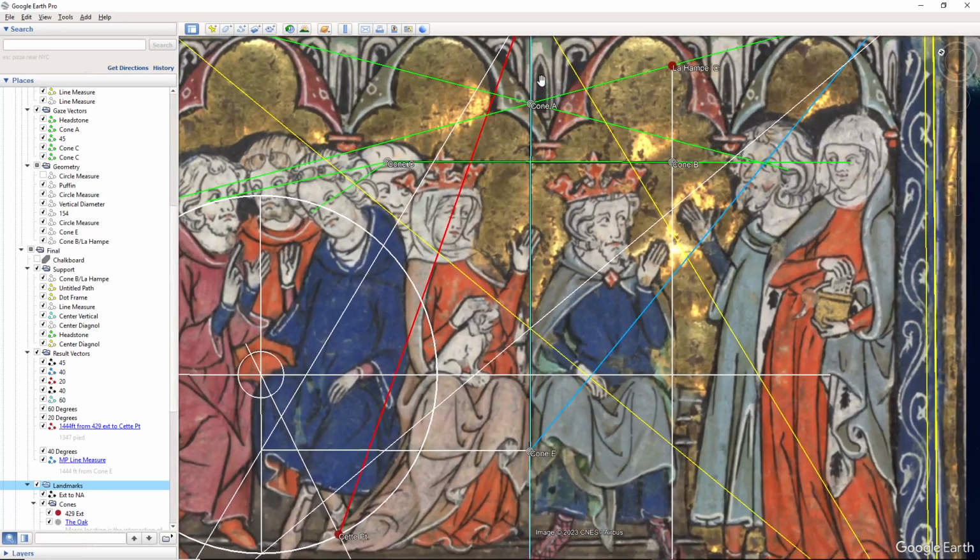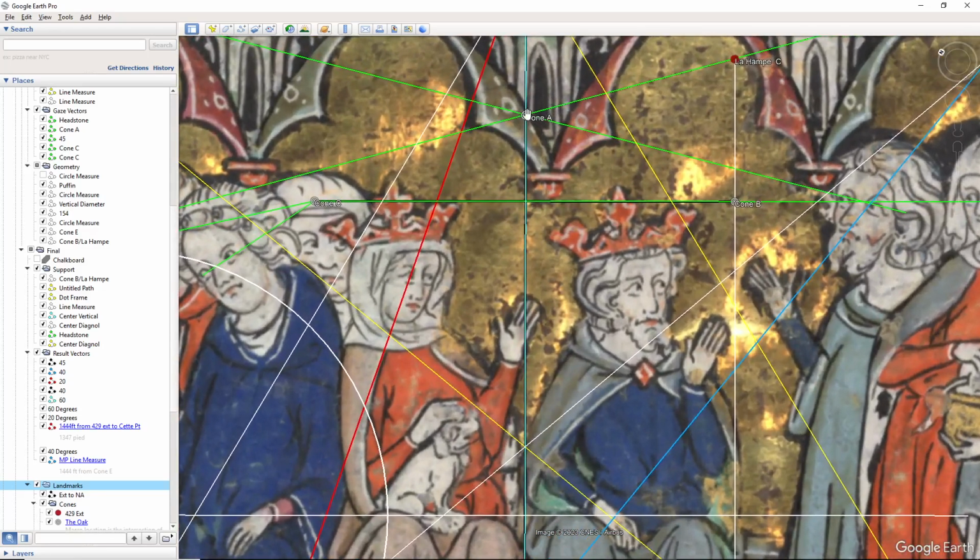And this up here is cone A. The intersection here is cone C of Nolan's cross. Where this vertical line hits at the shoe is cone B.